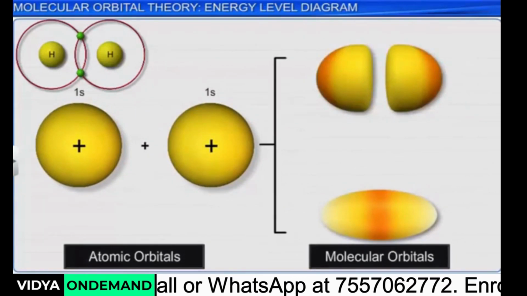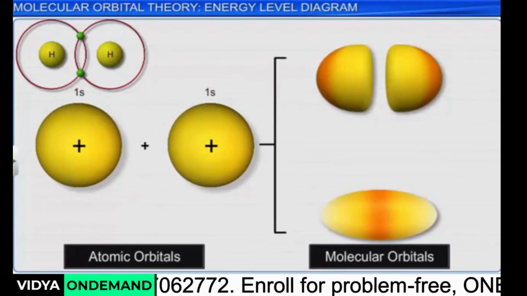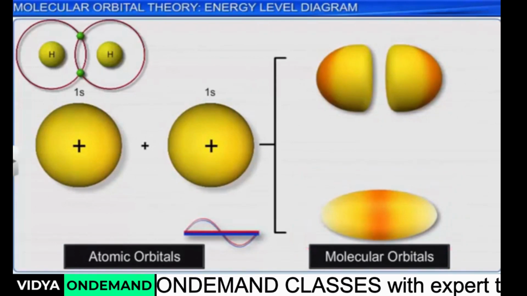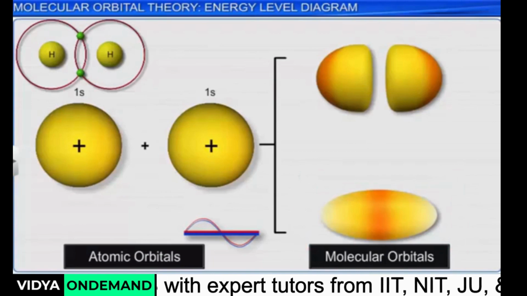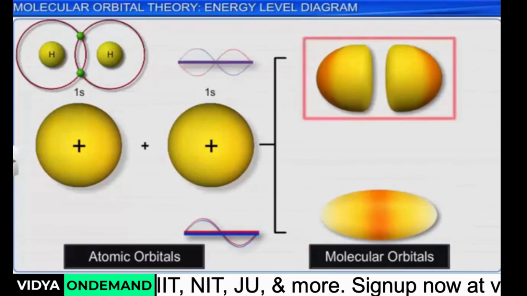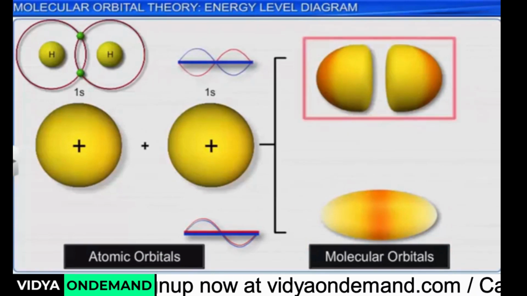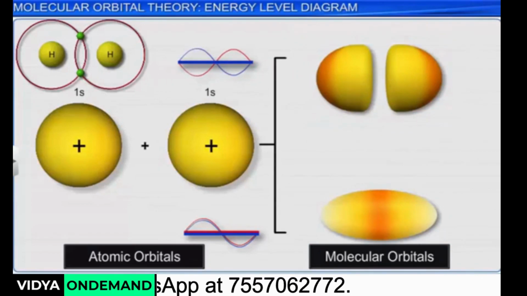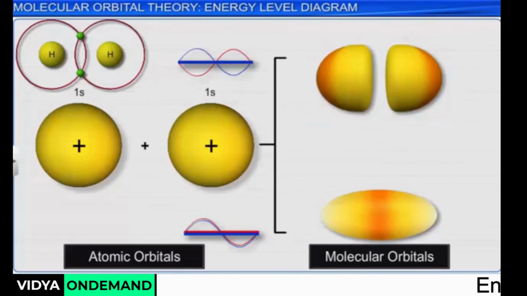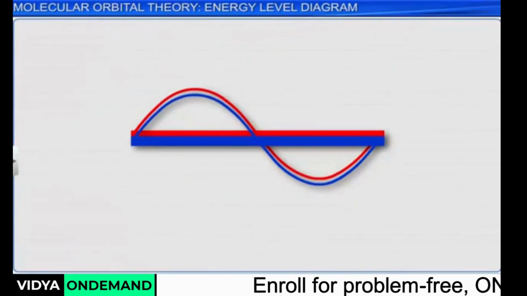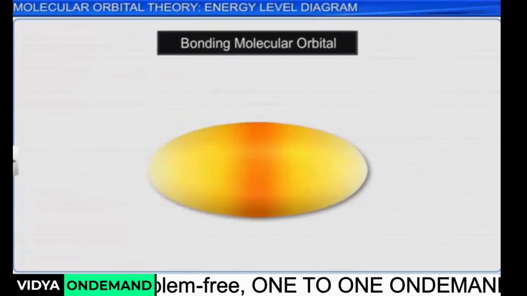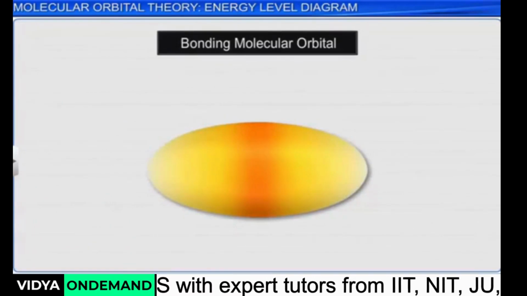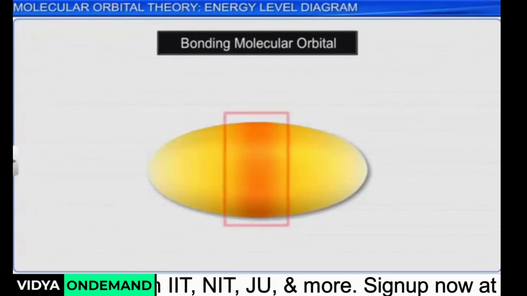One of these is formed due to the constructive interference of the two 1s wave functions, and the other is formed due to the destructive interference of the two 1s wave functions. The molecular orbital formed due to constructive interference is called a bonding molecular orbital, as the electrons belonging to it are placed between the two nuclei.